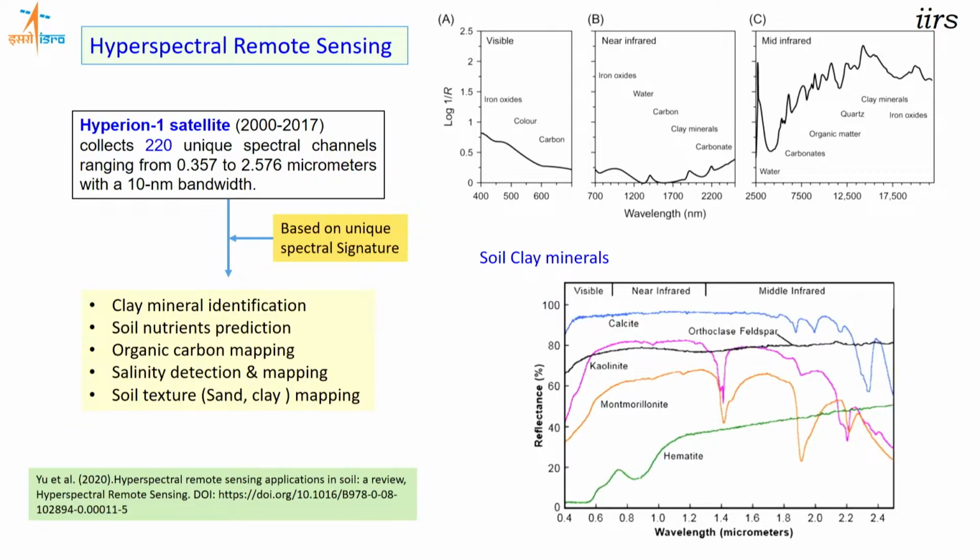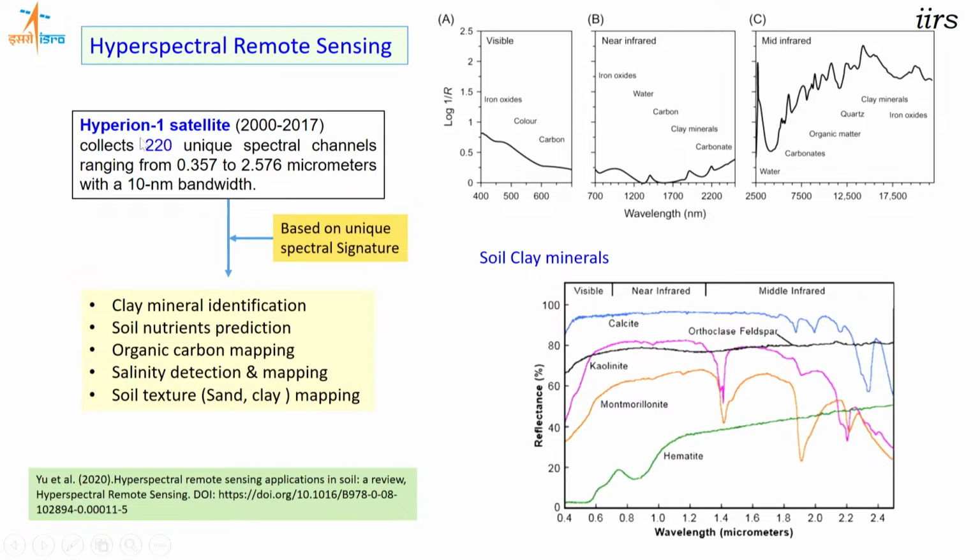So this will help you to identify the type of salt, type of clay mineral as well, and it is very useful. And so one more technology is coming, that is hyperspectral remote sensing.